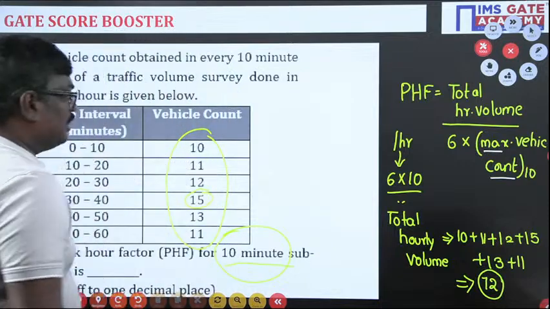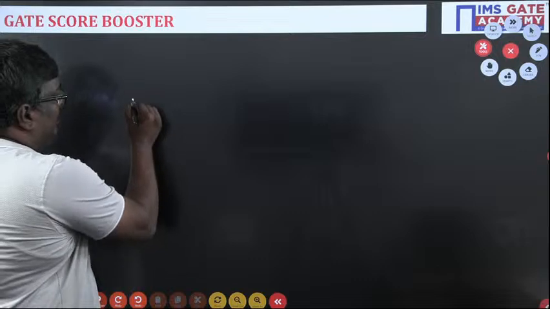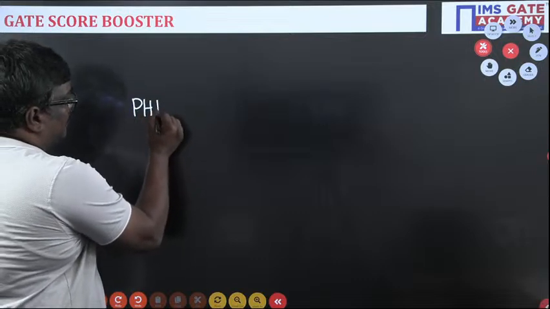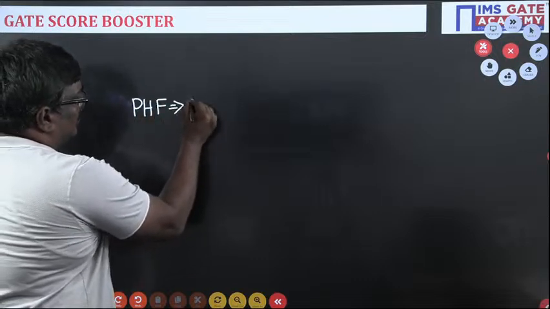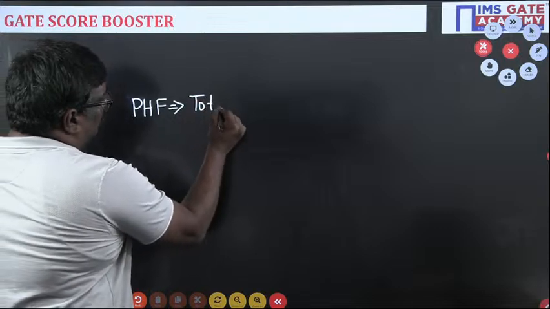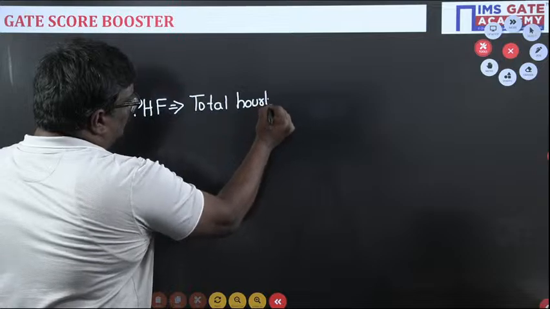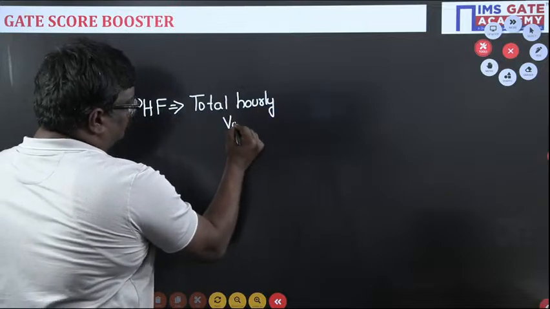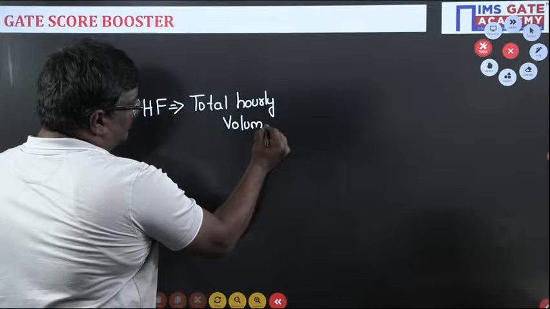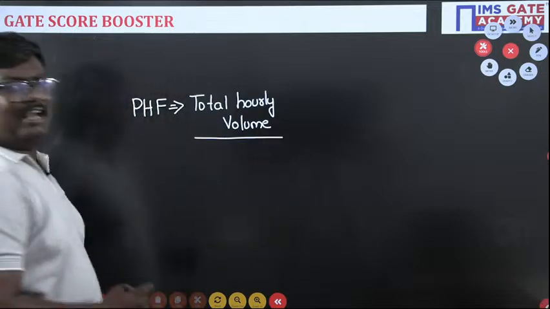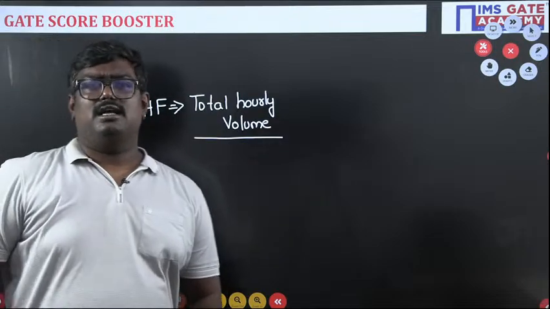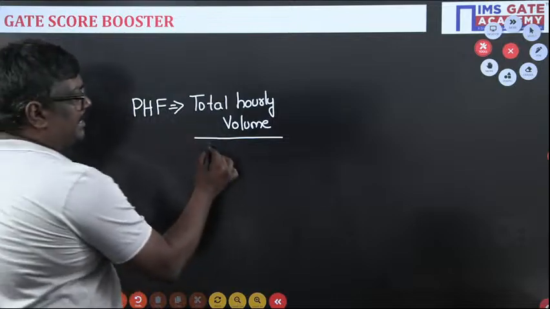So if you talk about the peak hour factor, this is the total hourly volume divided by 6 into maximum vehicle count. See why I am multiplying with 6, students? As it is a 10-minute interval, I am taking 6.